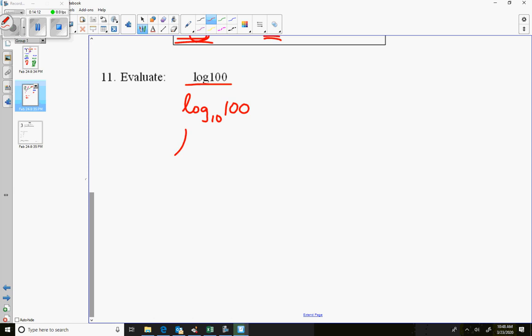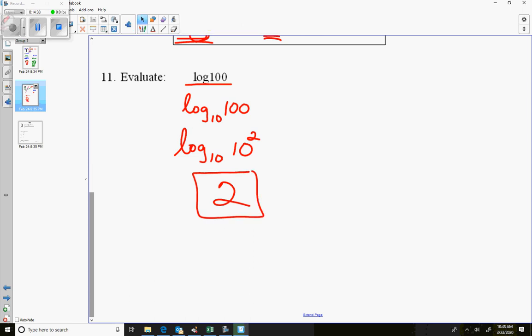Another way of saying 100 would be 10 squared. And then now I have an exponential within a logarithm. They both have a base of 10, so my answer is just simply 2. But yes, you could have simply set it equal to x and solved it like we did on page 1. That would have worked as well.